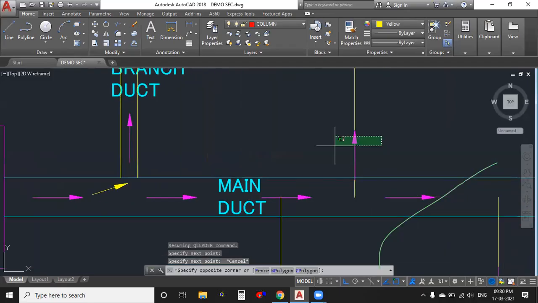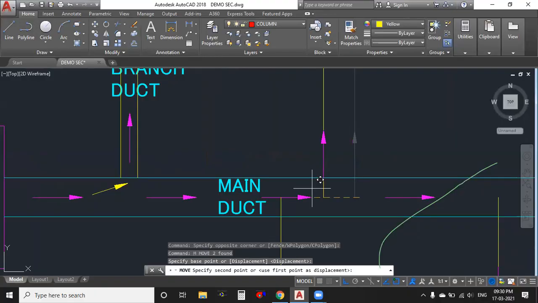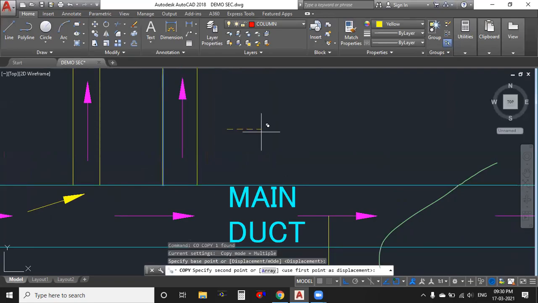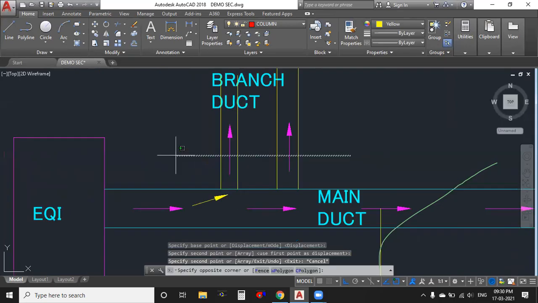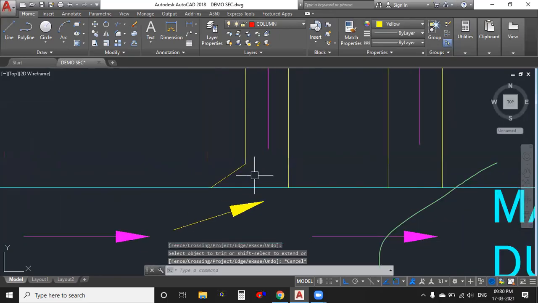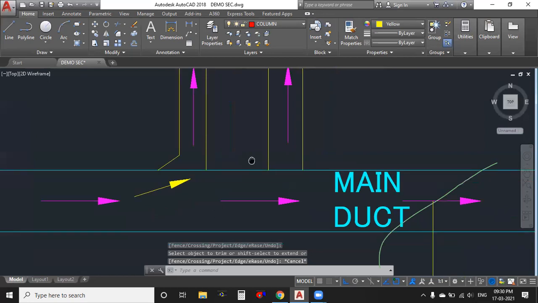Let's say I have two branch ducts: one duct I maintain at a 45-degree angle, and one duct at a 90-degree angle.